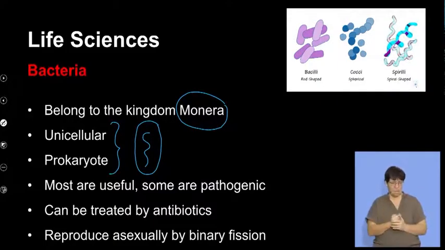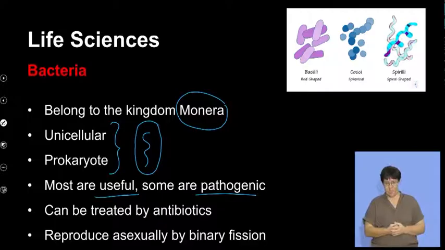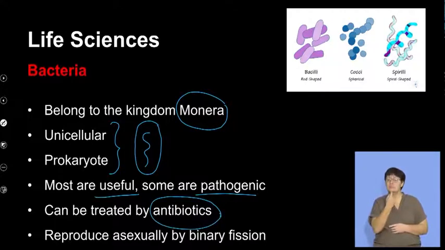Going back to that whole concept. Bacteria, here we go. Some are useful, some are pathogenic, some are very useful. We cannot do without them. Now this is the key. This is a characteristic, guys. Bacteria can be treated with antibiotics.